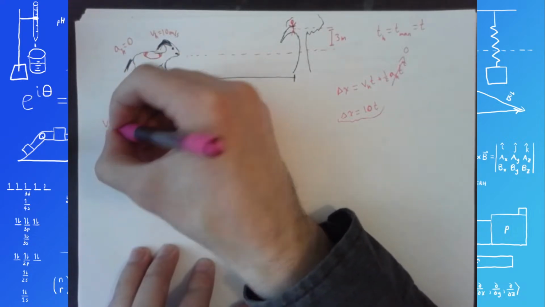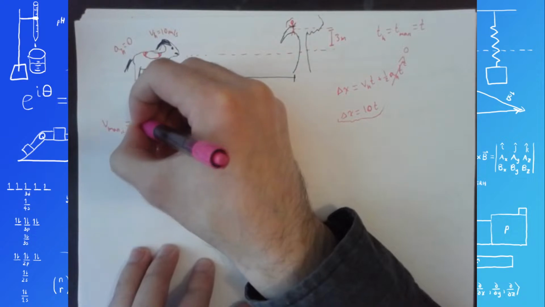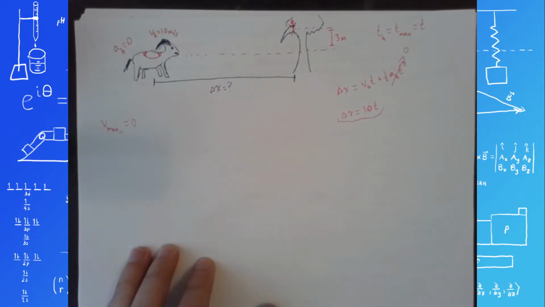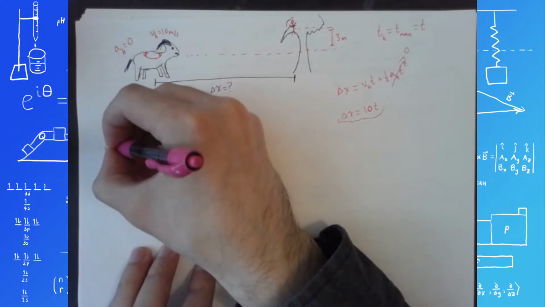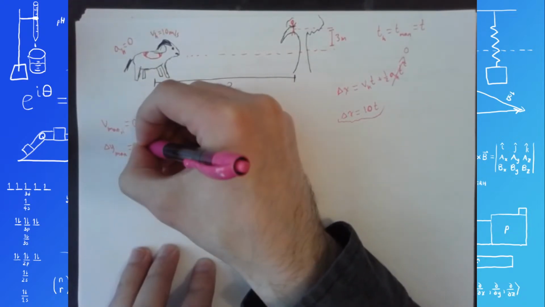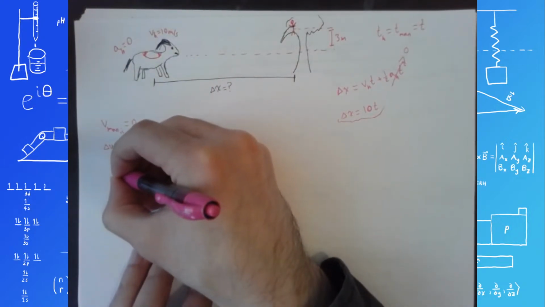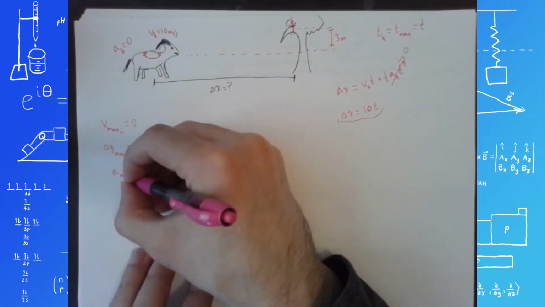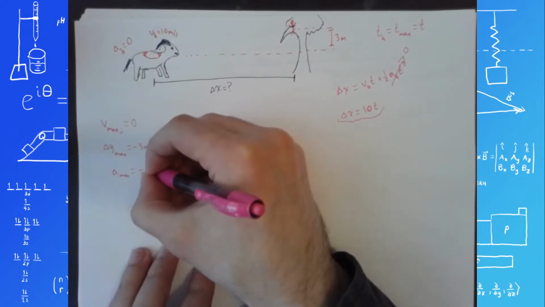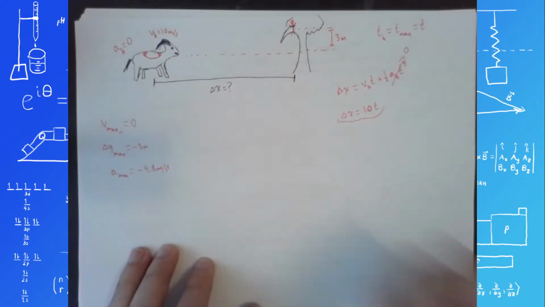So his initial vertical velocity, V man initial, is just 0. And we know his delta y has to be -3, right? He has to drop 3 meters. And we know his acceleration is just due to gravity, so acceleration of the man is -9.8 meters per second squared. That is enough information for us to calculate the time.